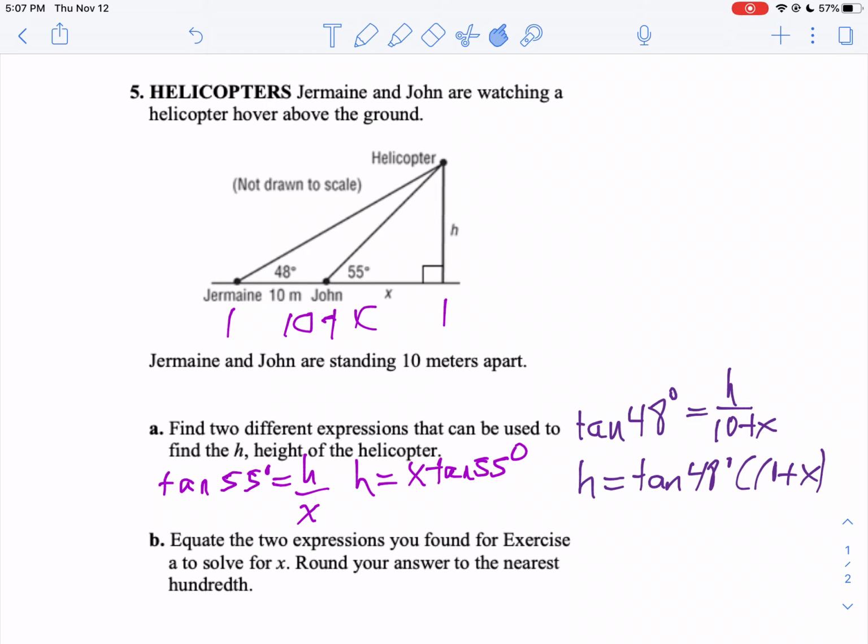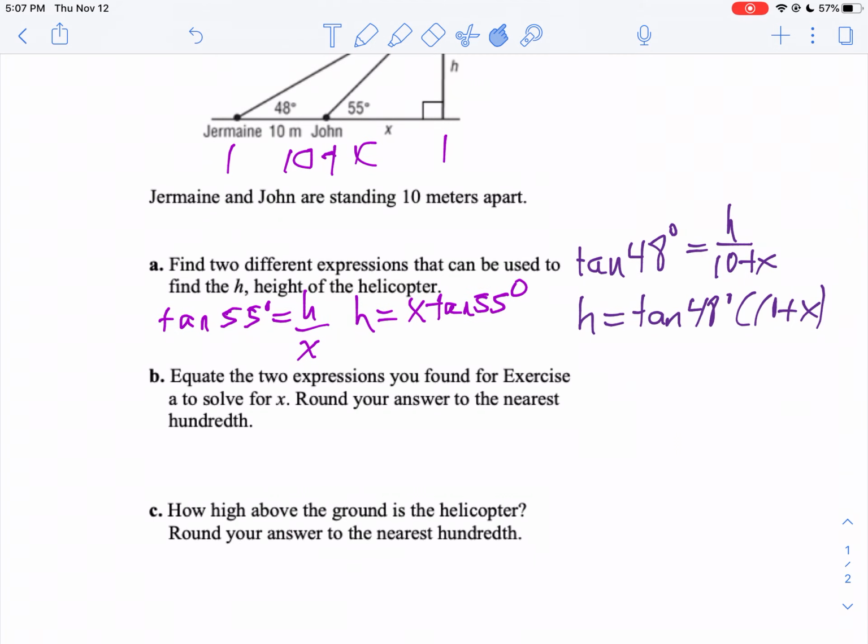Now on part B, we want to equate these two expressions and solve for x. Well, since the height doesn't change, they're both equal to h, aren't they? So instead of writing h in the second equation, I'm going to write x times the tangent of 55. So in other words, x times the tangent of 55 equals the tangent of 48 times 10 plus x.